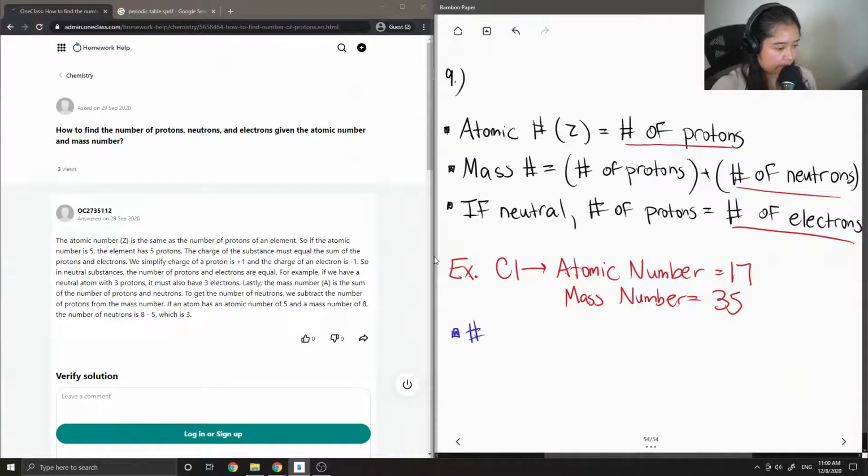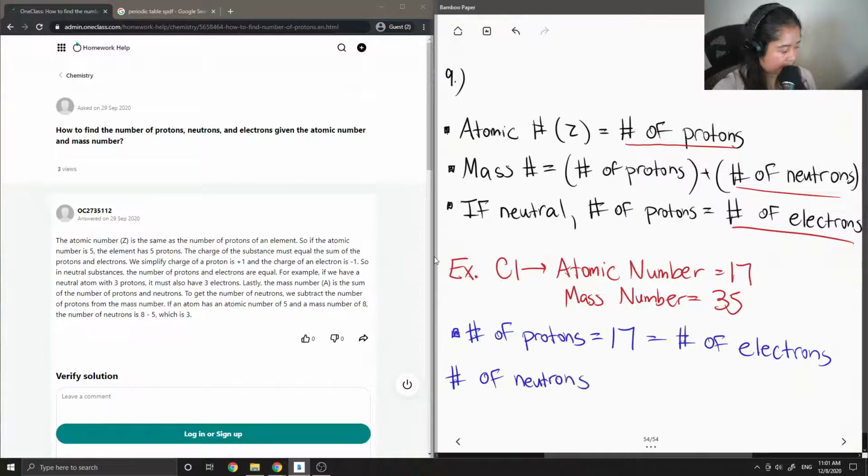So the number of protons is equal to 17, which is also equal to the number of electrons. And for the number of neutrons, it is just 35 minus 17, which is 18.